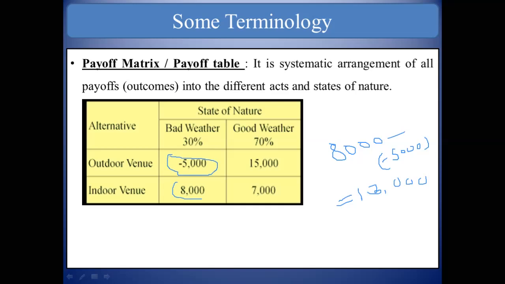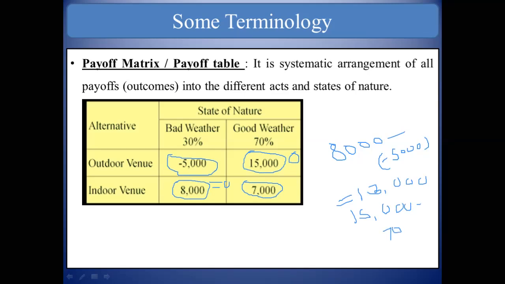And here 8,000 minus 8,000 is 0. Like that, here if you select this, you will earn 15,000, and if you select this option, you will earn only 7,000. So this is the better option. If you select this option, you will get 0 opportunity loss. But if you select this option, definitely you will get a loss because you will earn only 7,000.